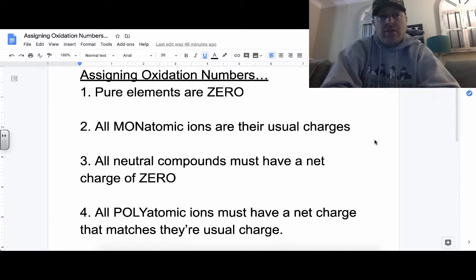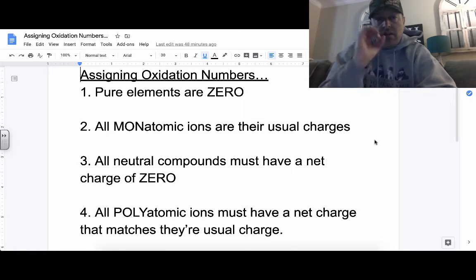These are the rules that we've abbreviated for assigning oxidation numbers. Rule number 1: pure elements are 0, so their oxidation number is 0. If you had an oxygen molecule, it would just be 0. Number 2: all monoatomic ions are their usual charges.